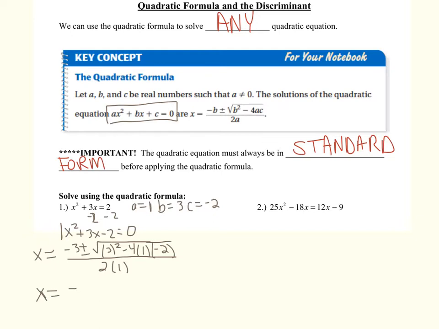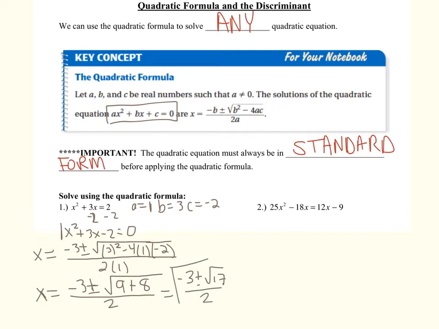So then x will equal negative 3 plus or minus the square root of 9. Negative 4 times 1 would be negative 4, times the negative 2 would be positive 8, all divided by 2. Well, that's equal to negative 3 plus or minus the square root of 17 over 2.